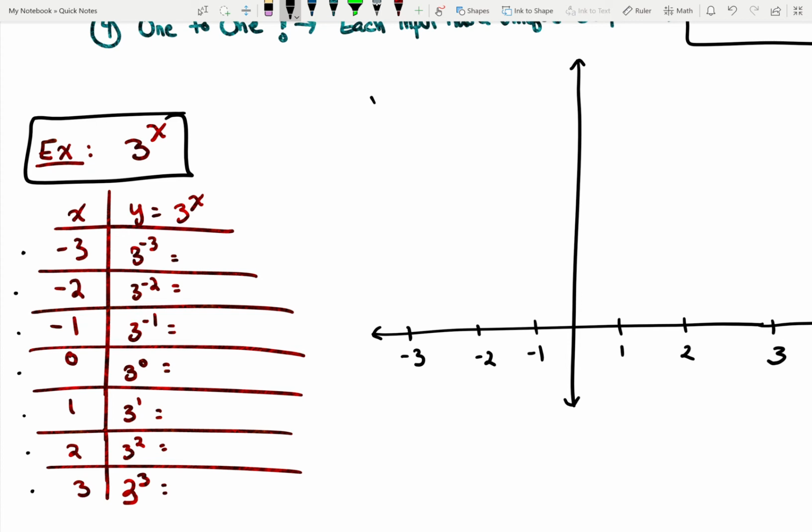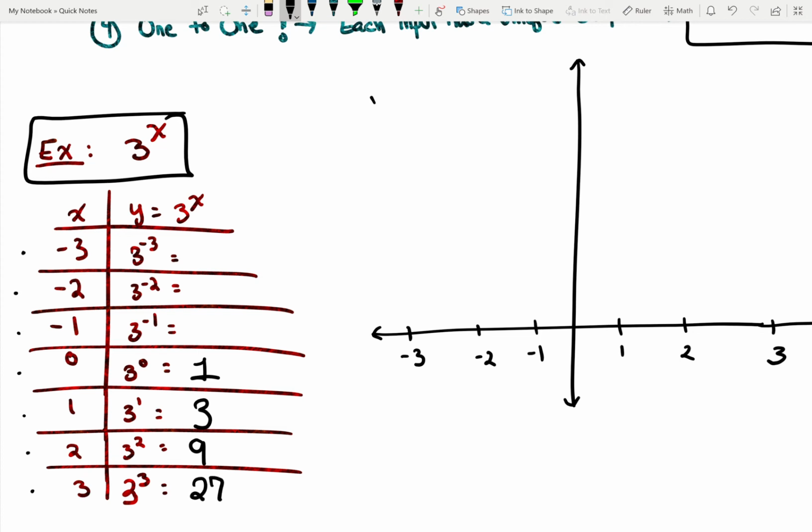And I plugged it in right here. Let's start in the middle. 3 raised to the 0, we said anything raised to the 0 power is 1. 3 raised to the 1st power, that's just 3. 3 squared is 9, 3 cubed is 27.